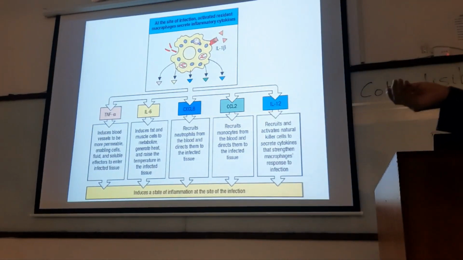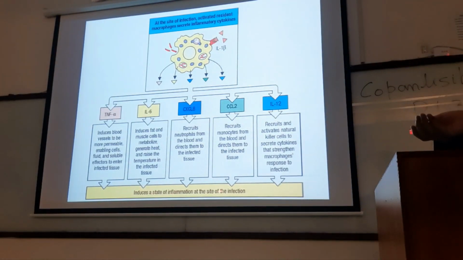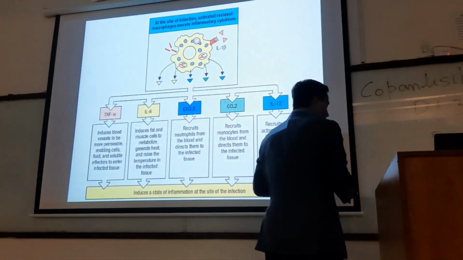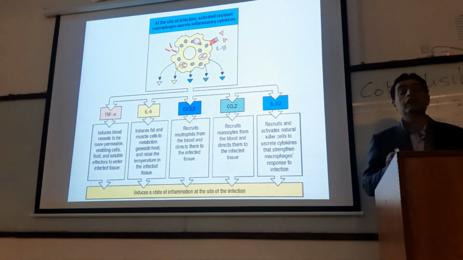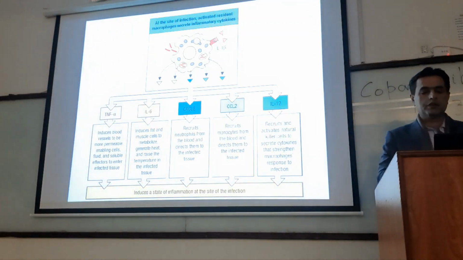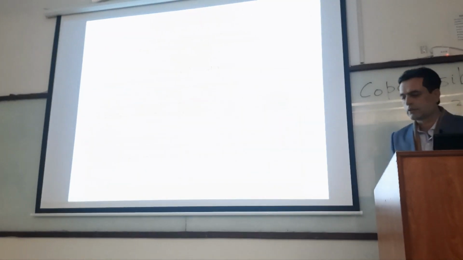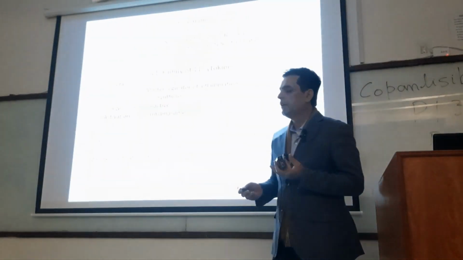So this induces a very potent inflammatory response in the tissues. And when all these cells arrive at the site of infection, then these cells would just clear the microbe from the system. So that's how the activated macrophage actually would behave.